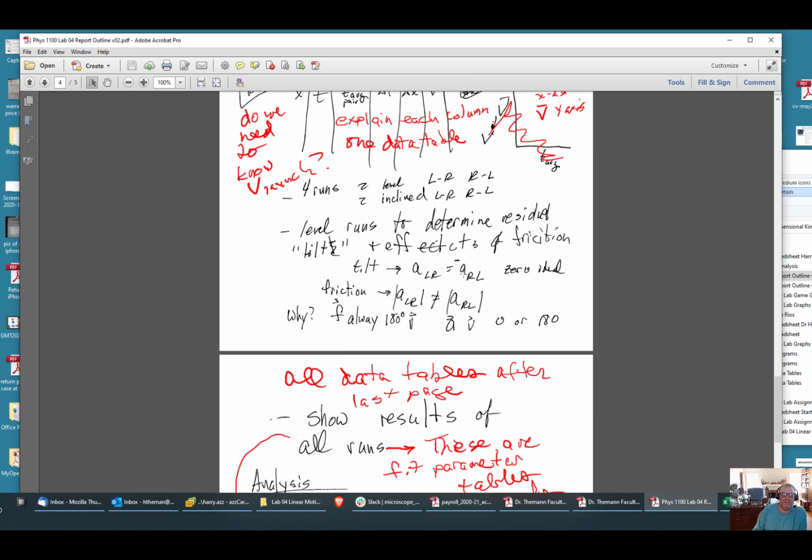And if the two of them are not equal, it's because F friction always points in the opposite direction of the velocity. So in the case of going down the ramp, the acceleration would point one way and the friction would point the other way.